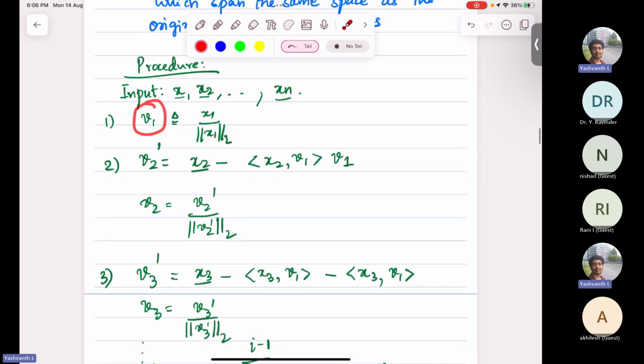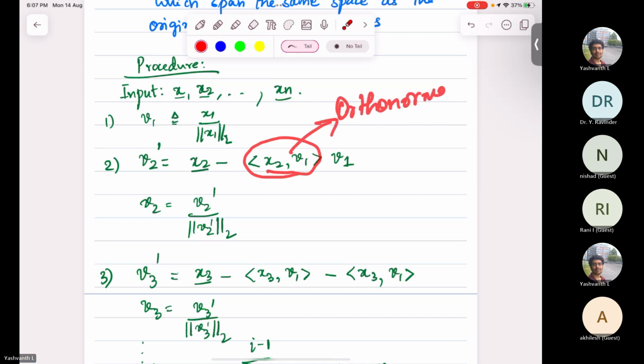To find the second vector, you take the second vector in the given set, x2, and remove the component of x2 along the direction of v1. That will produce a vector v2 dash which is orthogonal to the vector v1. So how to do that? x2 minus the inner product of x2 and v1. This is called orthonormal projection.